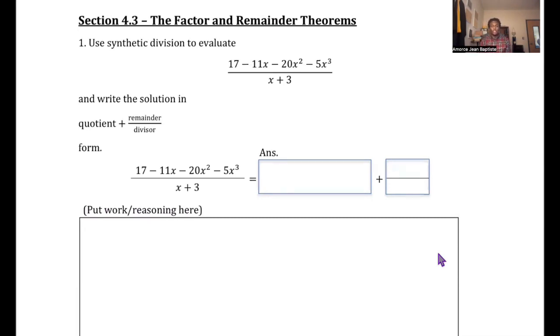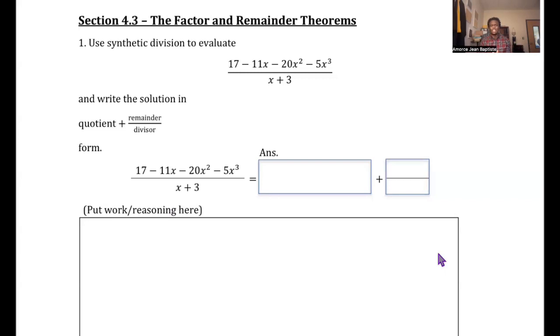Those two theorems give results about what happens when you perform synthetic division or sometimes long division with polynomials divided by binomials.